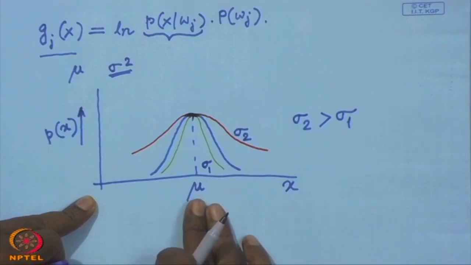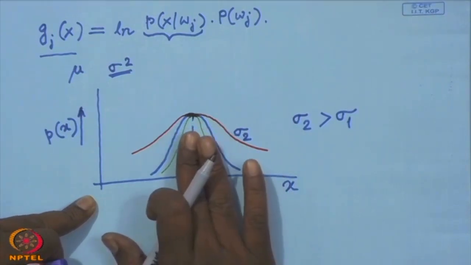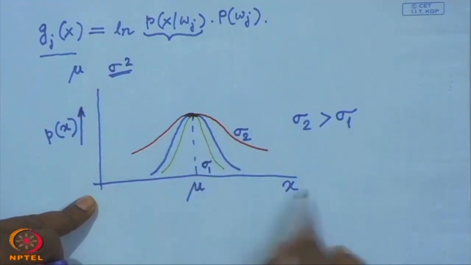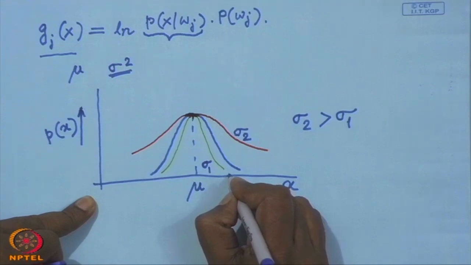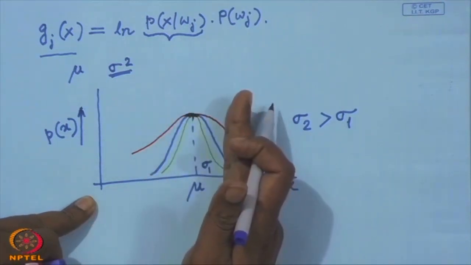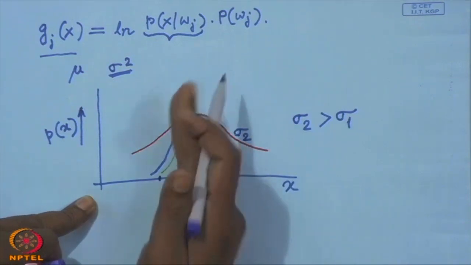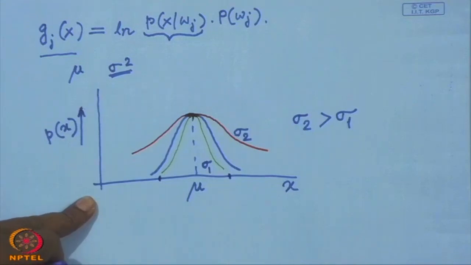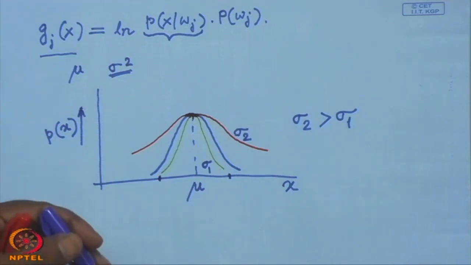If the mean is changed, the position of the peak will shift along the x axis. If mu 1 is greater than mu, the curve will be shifted to this location. For another mean value less than mu, the curve will be shifted to the left. So, this is what we get for a single variable.